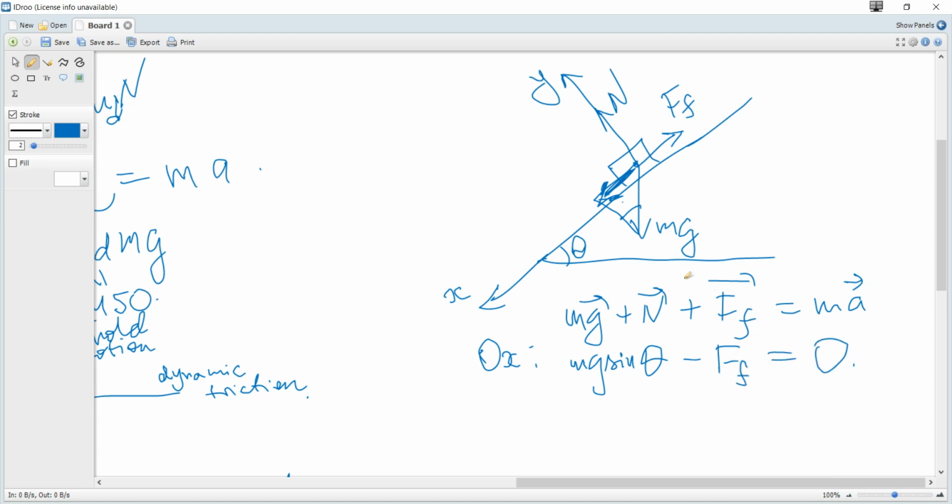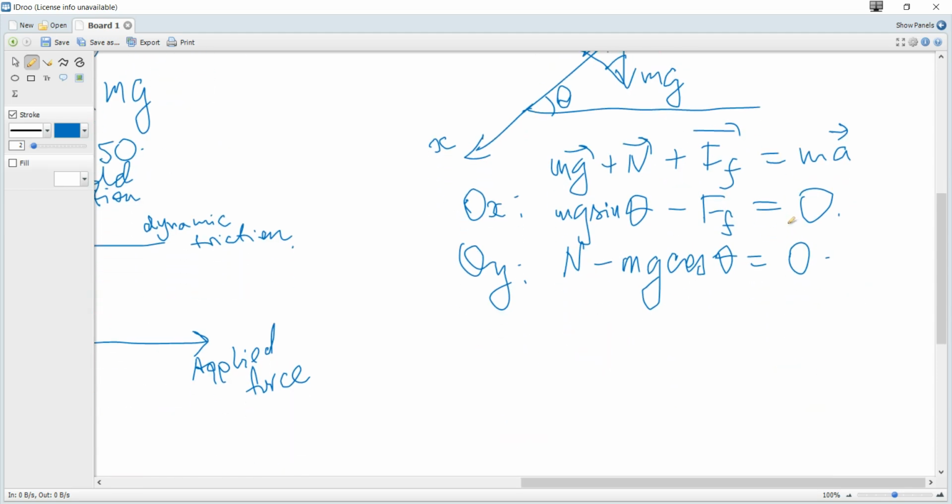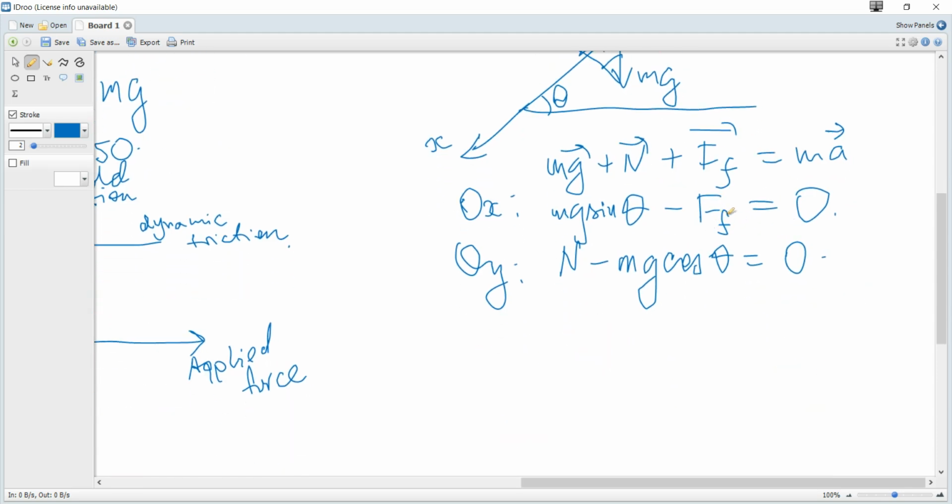And you can see that the component of mg parallel to the slope is just balanced by the frictional force. And in components on the y-axis, n minus mg cosine theta is equal to 0. And for any situation, friction is mu n.